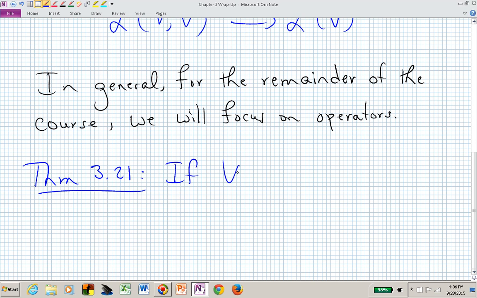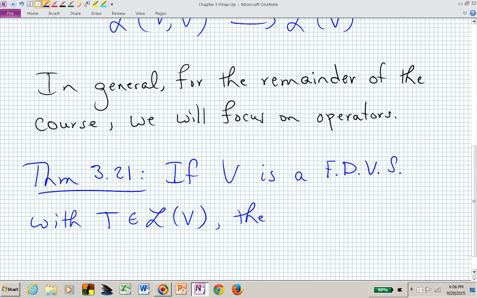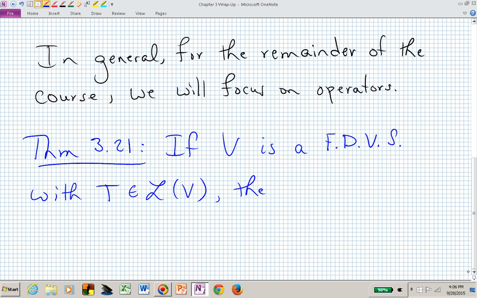It says if V is a finite dimensional vector space with an operator T on that vector space, and if you remember, we were talking before about invertible maps, whether they were injective, whether they were surjective.